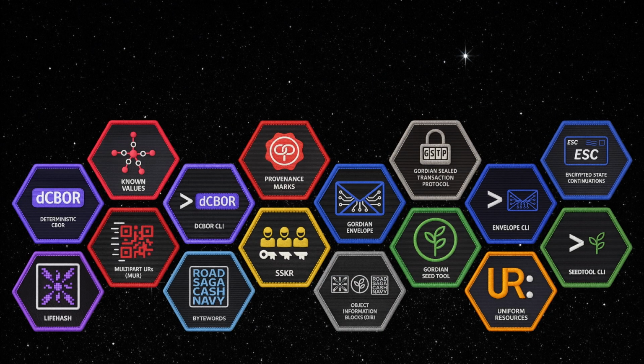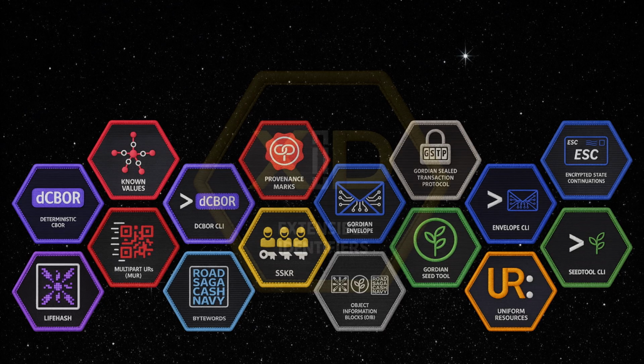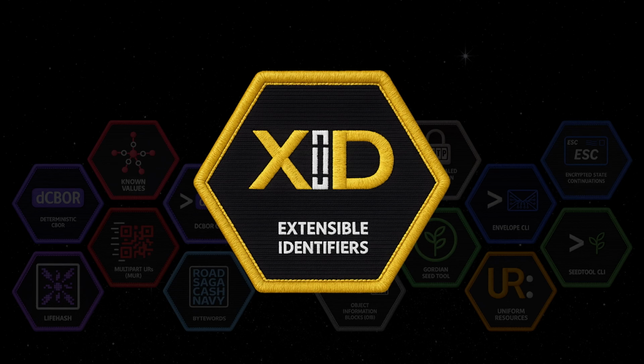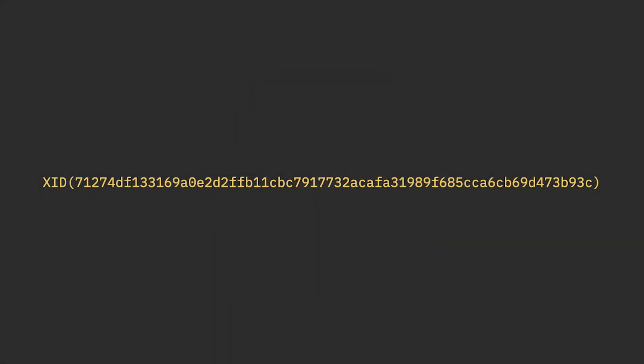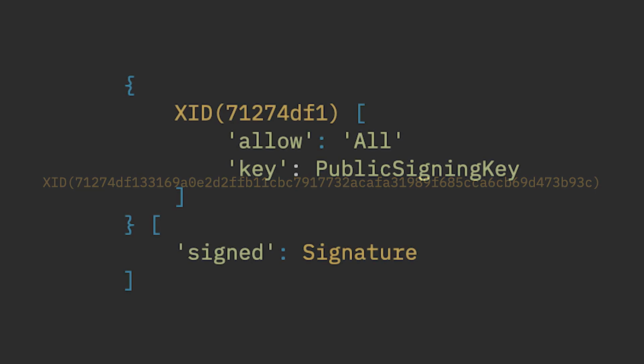Decentralized identity needs identifiers that are stable, self-certifying, and don't depend on a registry or blockchain. A XID, extensible identifier, is a 32-byte hash derived from an inception key, the first public key associated with the identity. Because it comes from the key itself rather than from some authority, it's self-certifying from the start.